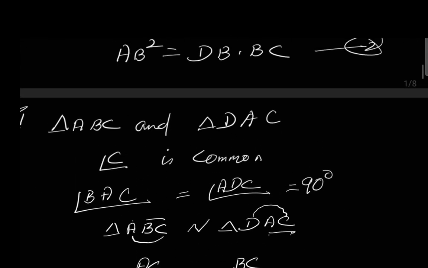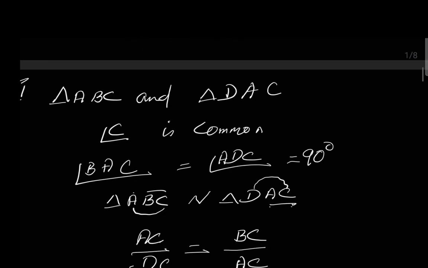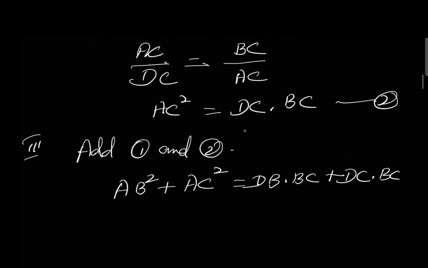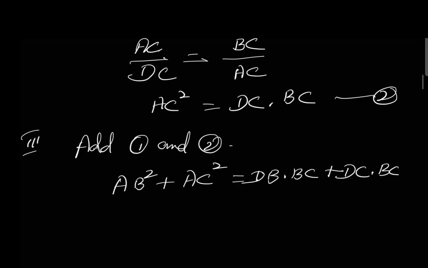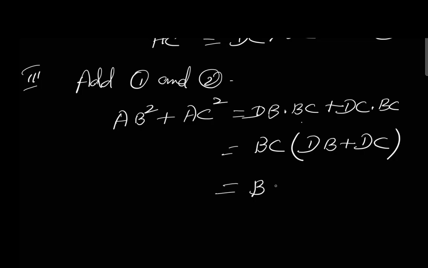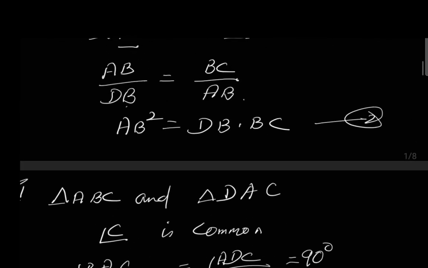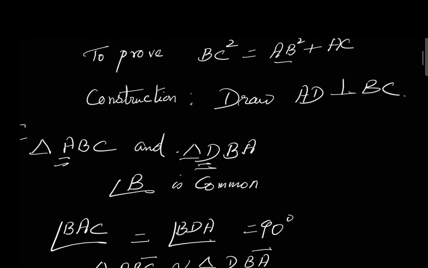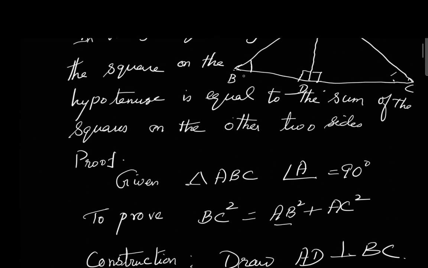Here BC is common, so we get BC times DB plus DC.